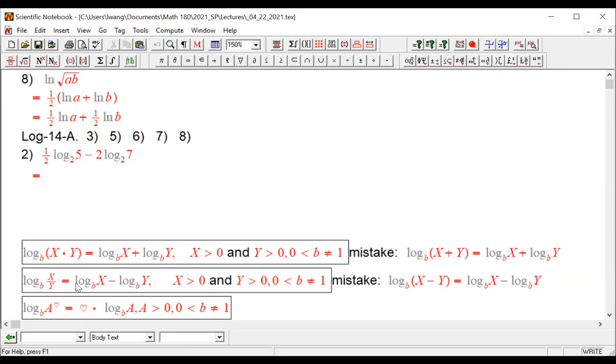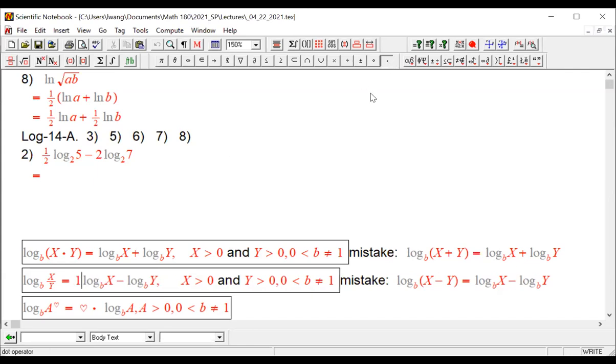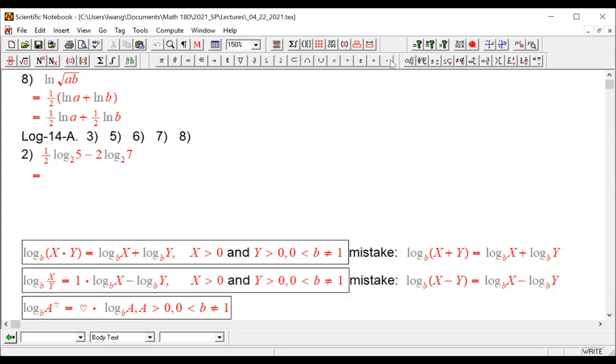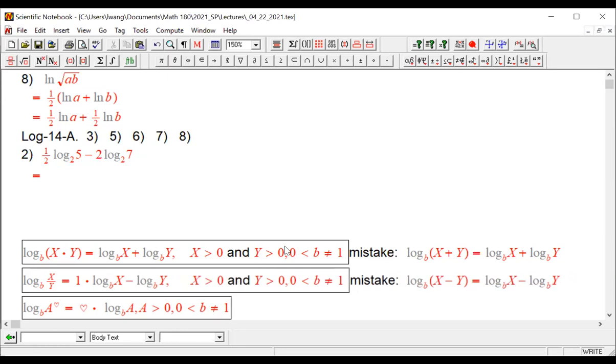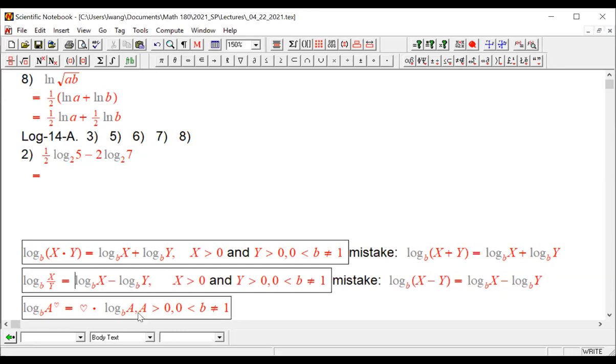This has to be 1, and this has to be 1. So we're going to use the power rule from right to left. This half is going to go inside the logarithm.